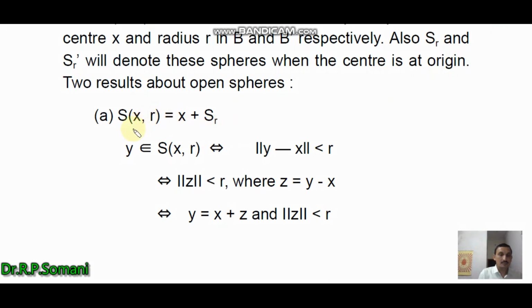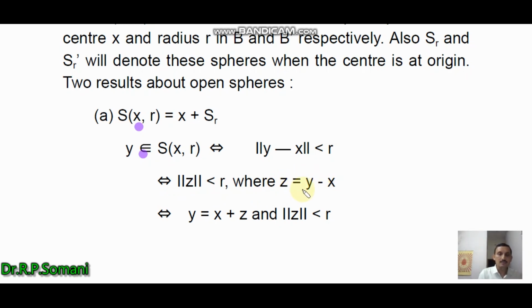The first result is that S(x,r) equals x plus S_r. Here S_r is the sphere at the origin with radius r. We prove this: let y belong to S(x,r). This implies the norm of y minus x is less than r, and this implies norm z is less than r, where we put z equal to y minus x.